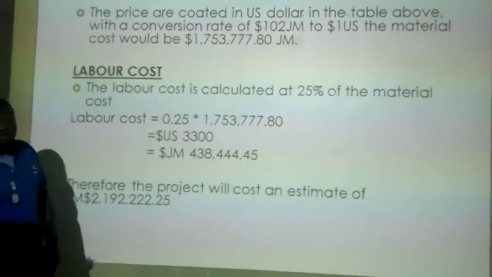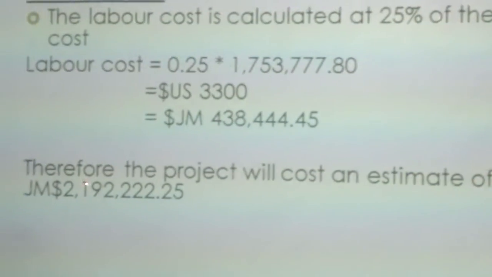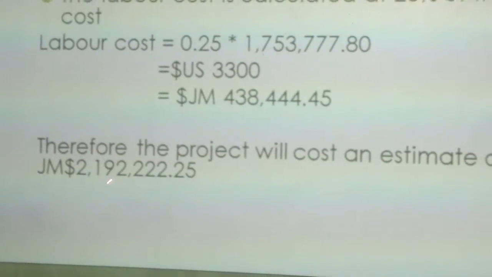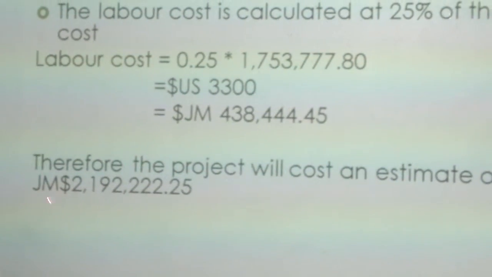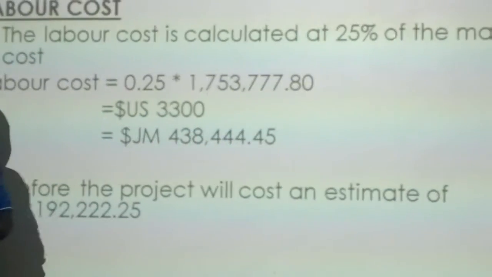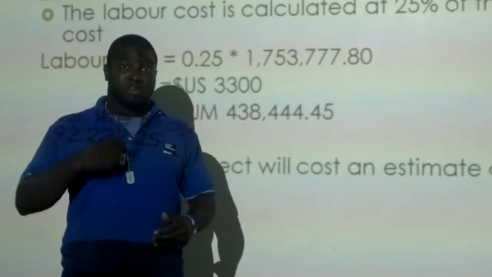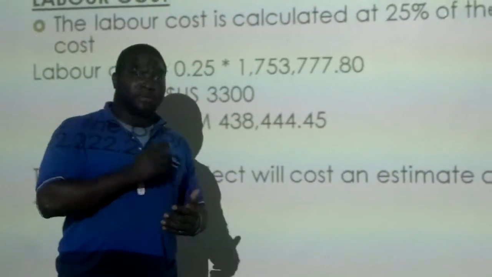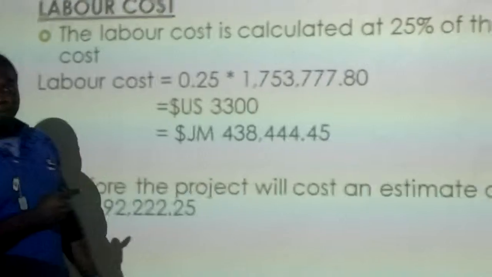So this gives our project a total cost of $2,192,222.25. This figure is basically what we need to supply a system to run independently and supply voltage to our residence.